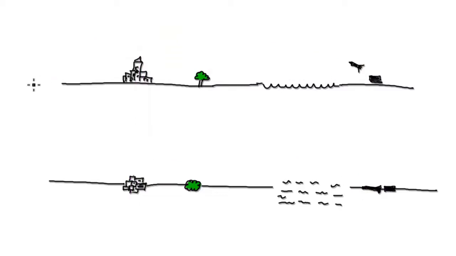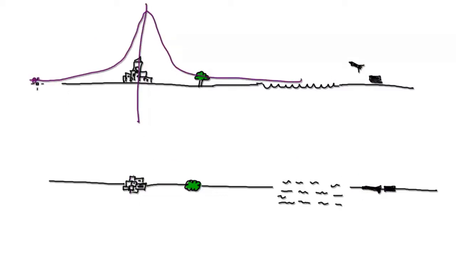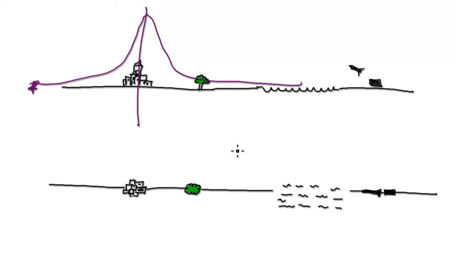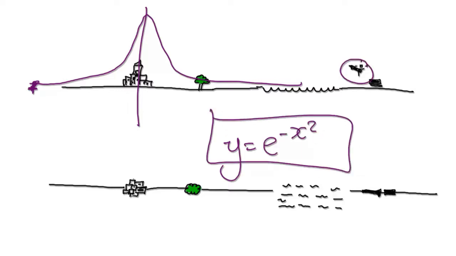Yes, that is a possibility, but the probability of that is really low. So y equals e to the power minus x squared can be used to model a city and work out the probability of hitting your target.